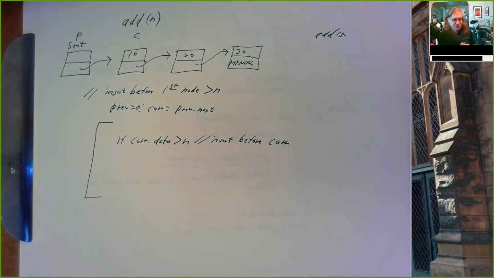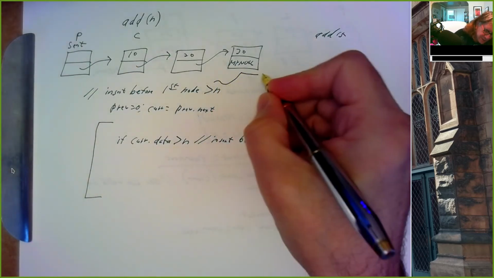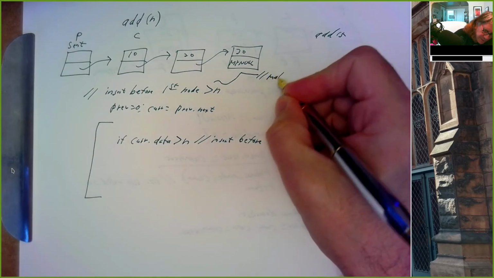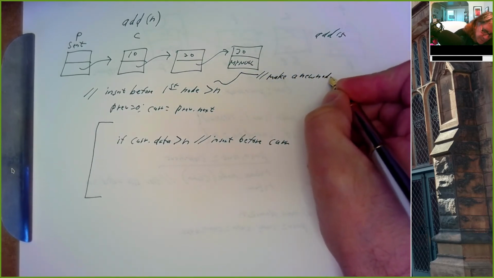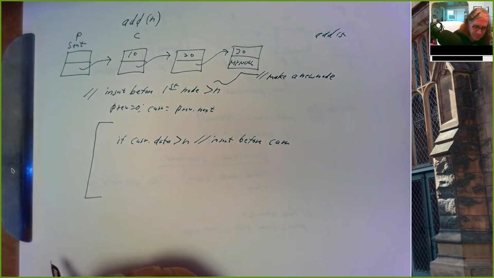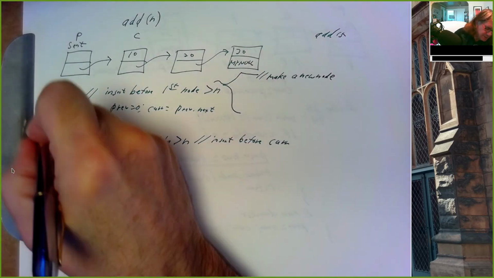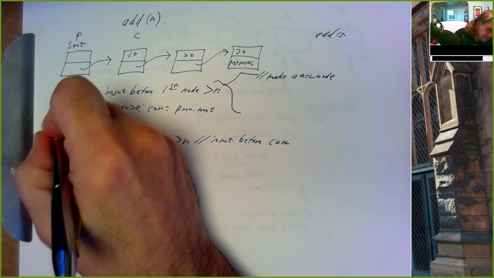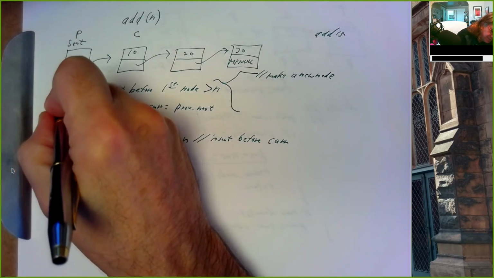All right, well, before we do all of this, let's make a new node. So how do we make a node? We draw a box, we put a 15 in there. And I'm going to call this new.